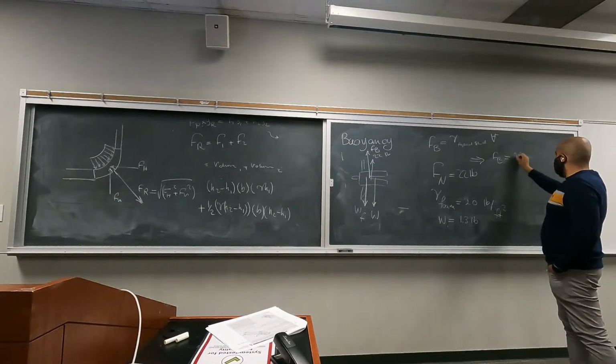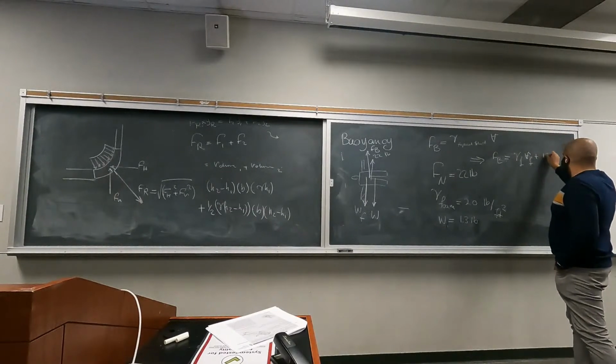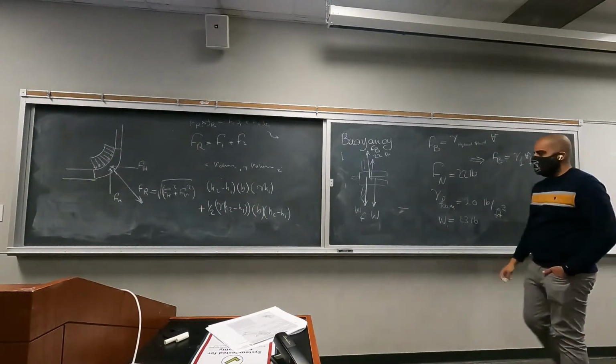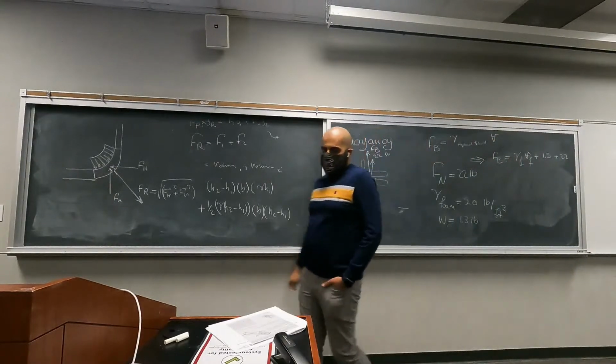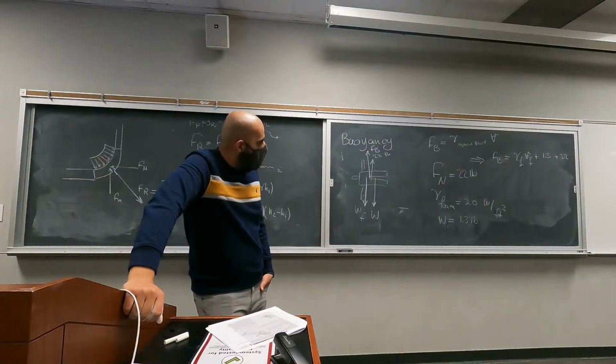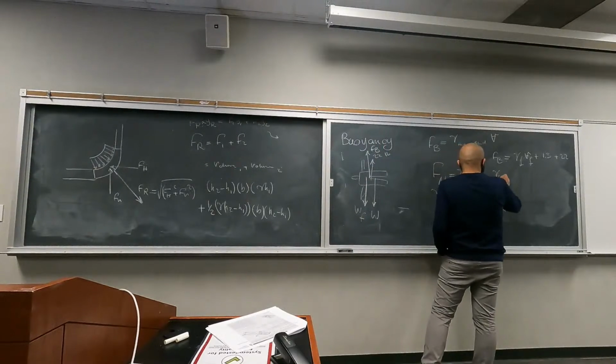So gamma of foam multiplied by the volume of the foam plus 1.3 pounds plus 22. Okay, so what is the buoyancy force? It is gamma of water in this case.